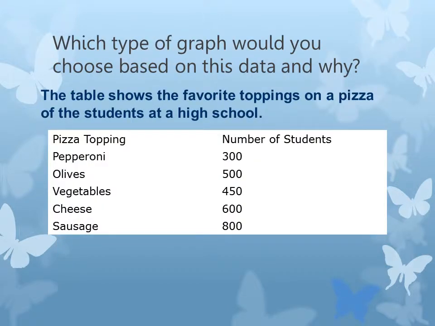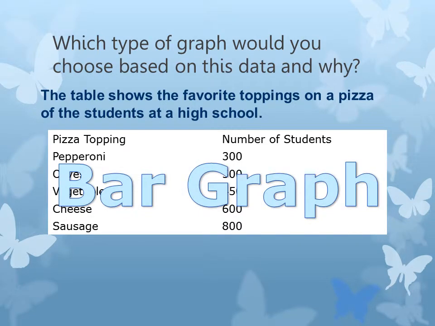So here, which type of graph would you choose based on this data and why? The table shows the favorite toppings on a pizza of students in a high school. So you have pizza topping and number of students. So what do you think? So my answer would be a bar graph.